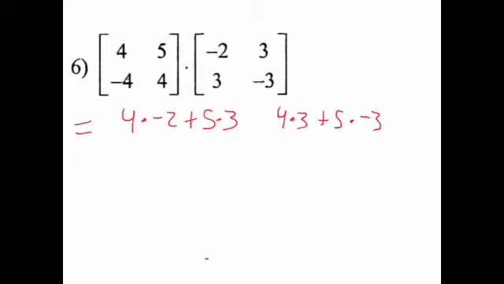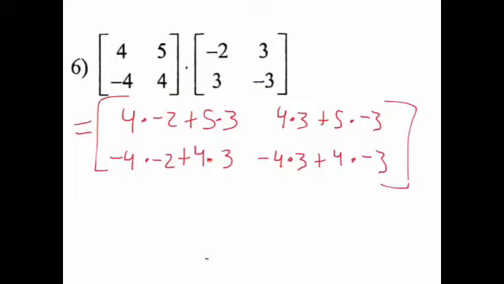And then second row times first column is going to give me negative 4 times negative 2 plus 4 times 3. And then you're going to have second row times second column, which will give me negative 4 times 3 plus 4 times negative 3.